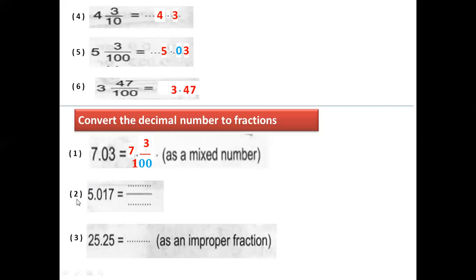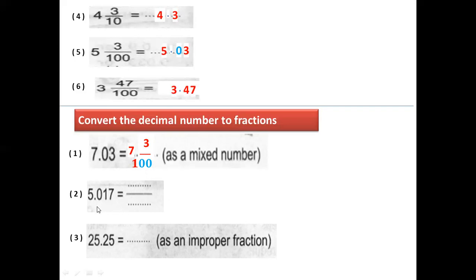Okay? Example number 2, 5.017. As a decimal number, how can we write this decimal number as an improper fraction? What is the numerator here, and what does the denominator equal? The numerator is the number without the decimal point.